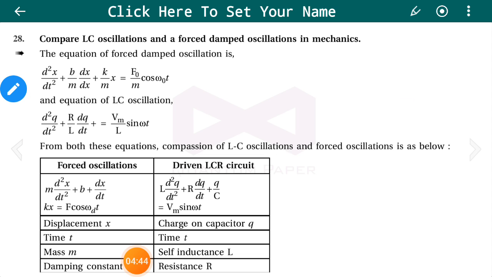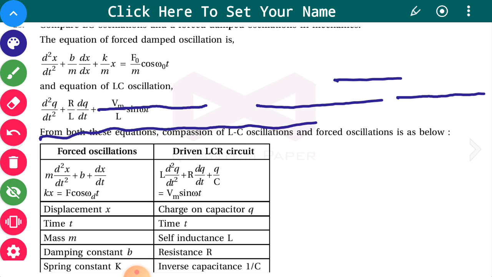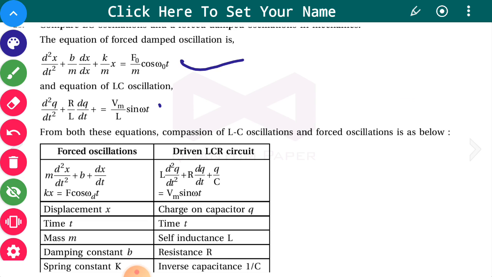Now there is a comparison of the LC oscillator circuit with the forced damped oscillator in mechanics, which we have studied. This is the equation of the forced damped oscillation, and this is the equation of the LC oscillator circuit. Now see here the quantities which are similar.